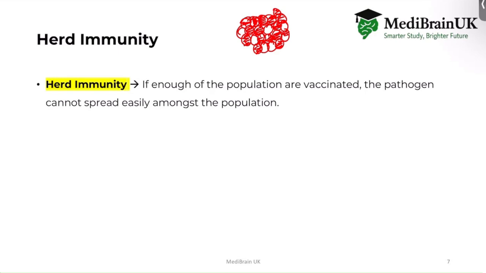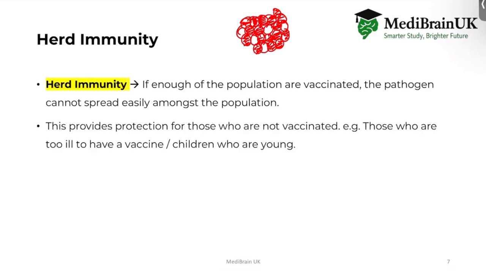Okay, the shaded ones have been vaccinated, and the ones which haven't been shaded aren't vaccinated. As you can see, they are not in contact with each other as much, which means that they are unlikely to get the pathogen because they are surrounded by people who don't have the pathogen because they are vaccinated.